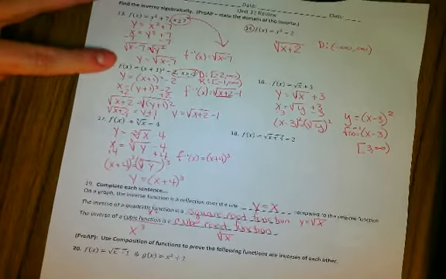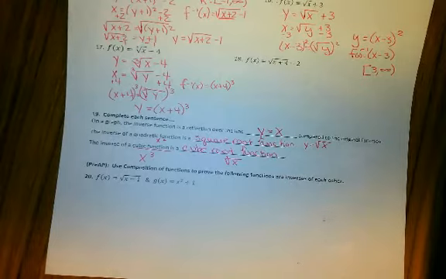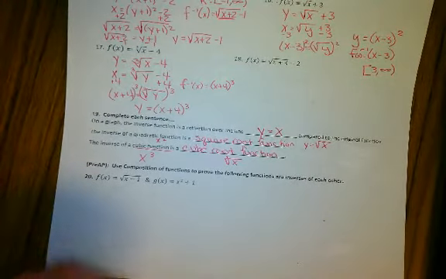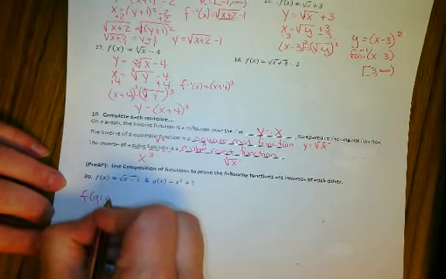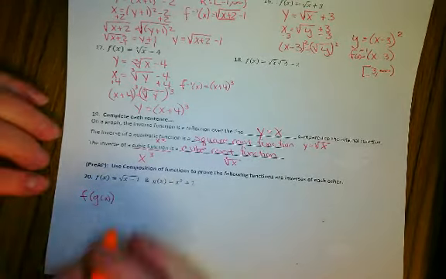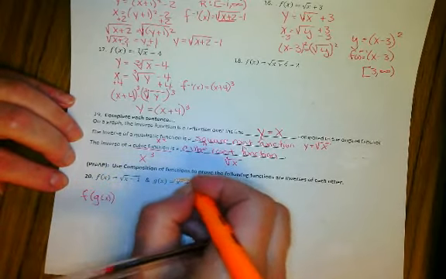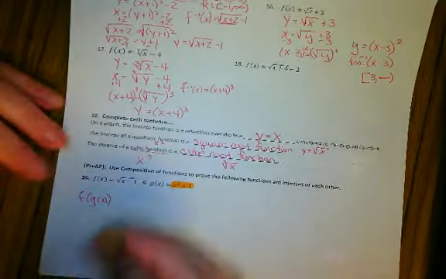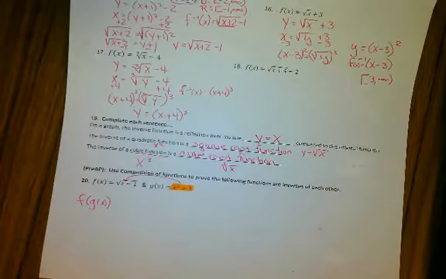All right, on number 20, it says use composition of functions to prove the following functions are inverses of each other. So remember this one is you're putting each of them into each other. So if I want to do f of g of x, I'm going to take the function f, and I'm going to put this whole g of x into just that x right there, okay?